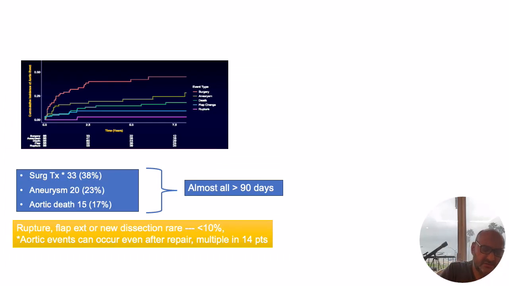Obviously, treating these patients is not risk-free. Treatment always has risks. This is data from Mayo Clinic that shows basically there are all kinds of complications in these patients associated with treatment. Therefore, treating routinely uncomplicated patients may not be the best thing.